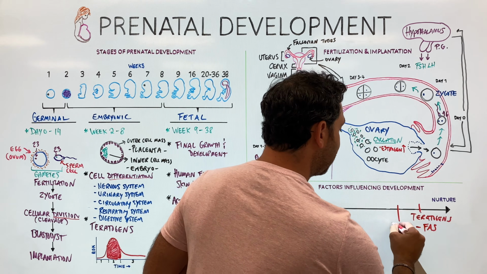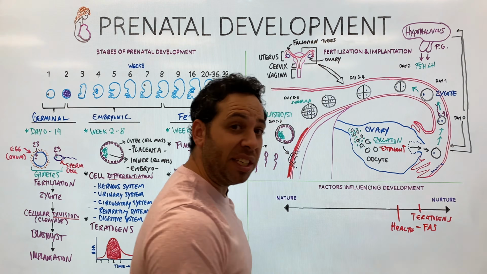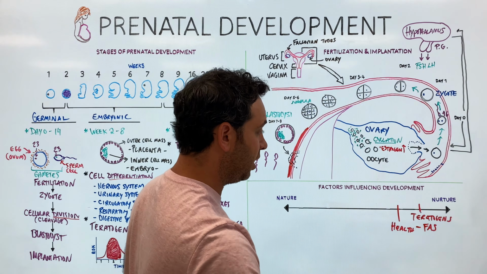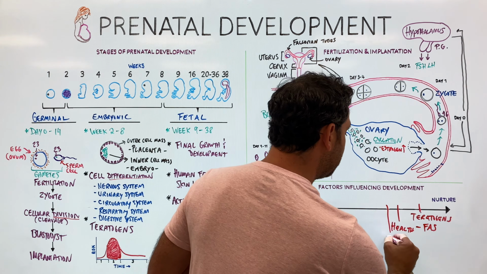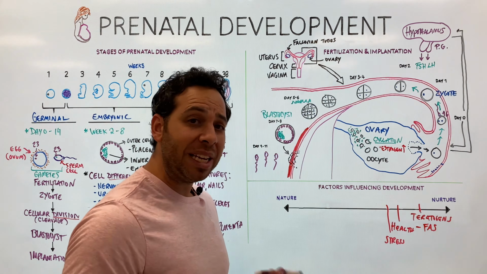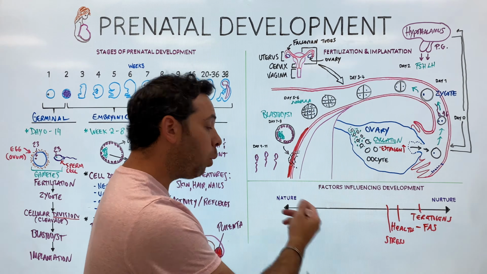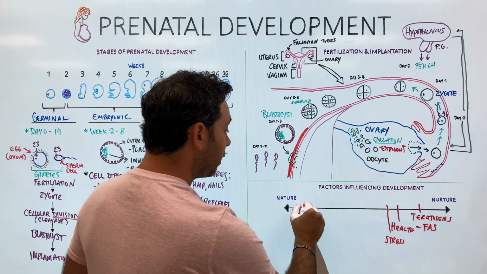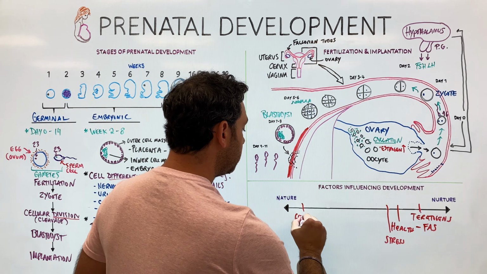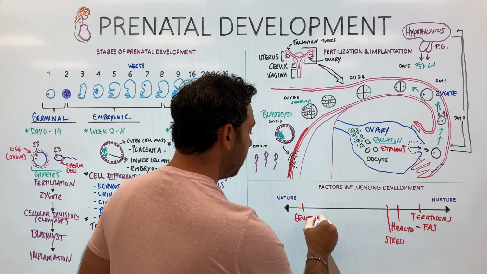We also have things like the health of the mother. Obesity, diabetes, those things can affect, and even things like stress. Maternal stress can have a big impact on the baby. These are things from the environment. So what would go on the nature side? Well, there could be genetic abnormalities, things that are passed down from the mother or father.